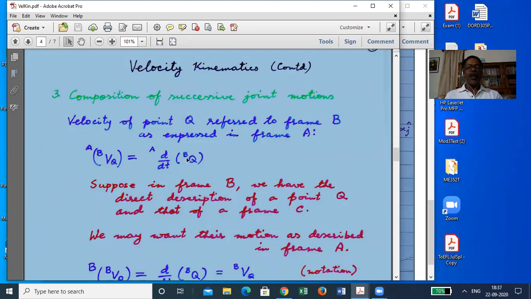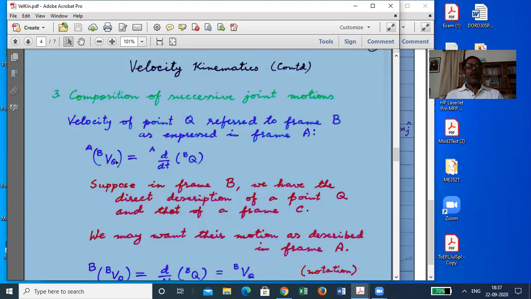In a frame B, if the position of a point Q is known, then that known position in that basis is expressed like this, and that vector can be converted to another frame by the rotation transformation.